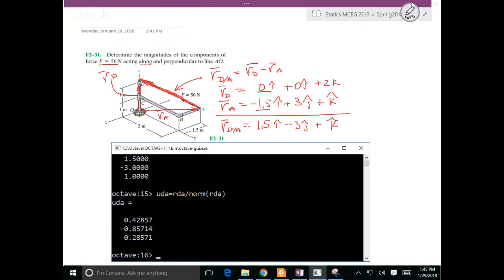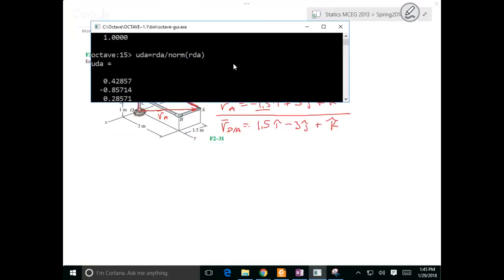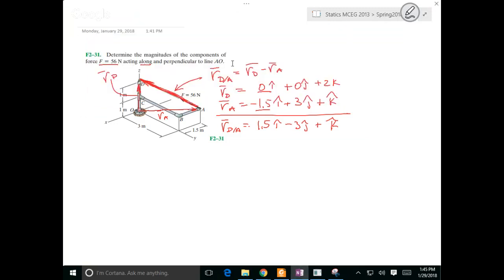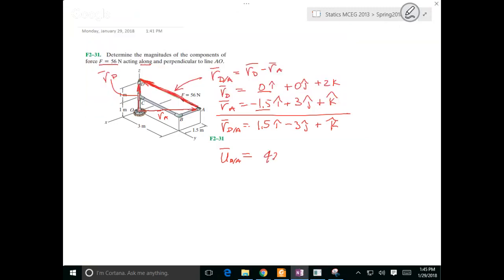Okay, so my unit vector UDA is equal to 0.42857i, minus 0.85714j, plus 0.28571k.